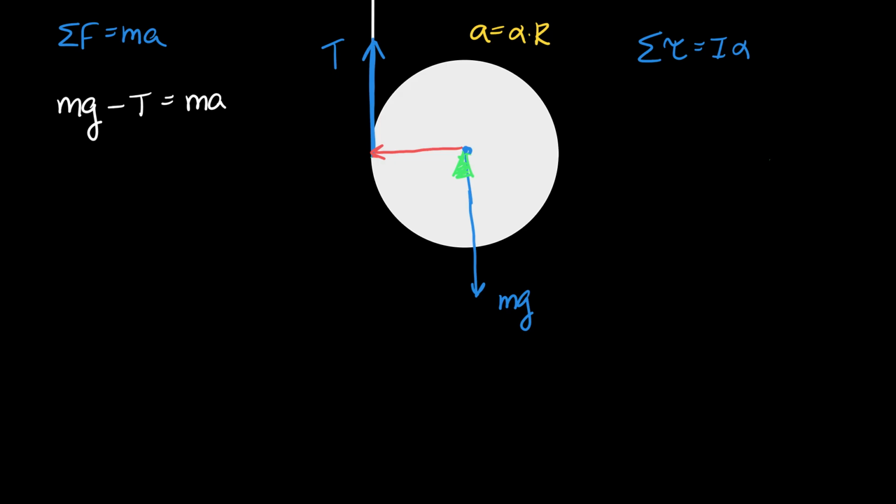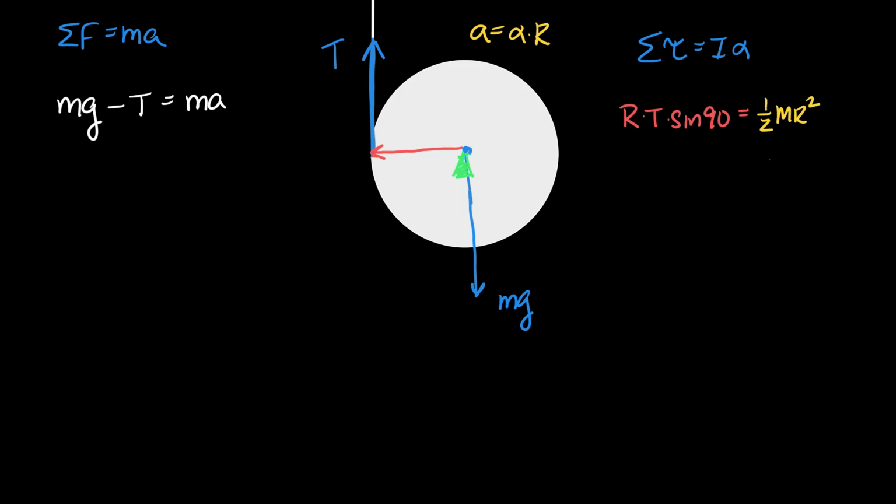R. So can we say that our torque is R times T times the sine of 90? Excellent. That has to equal the moment of inertia. This is just a disk. We don't do any shifting here. So it's just what? 1/2 mr squared.